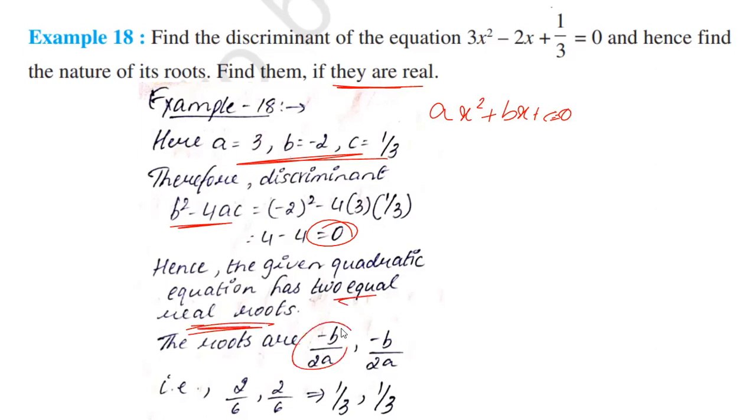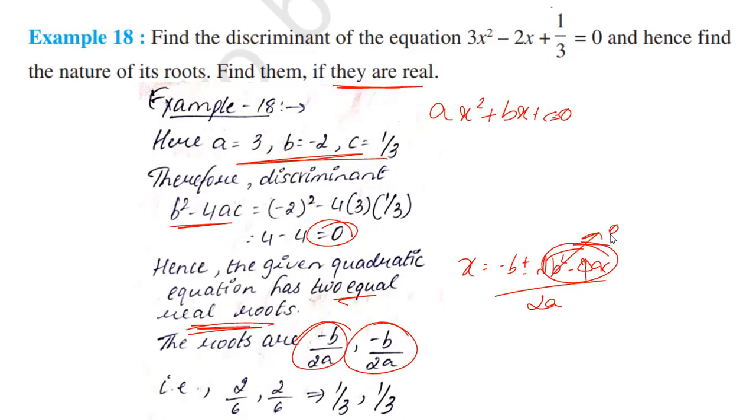So minus b by 2a, minus b by 2a. So I will say how you get it as minus b by 2a. We know x is equal to minus b plus or minus root of b square minus 4ac divided by 2a, right? So we know this b square minus 4ac will get into 0.